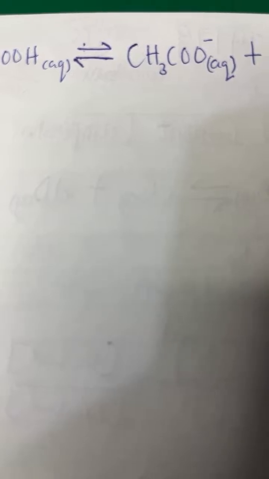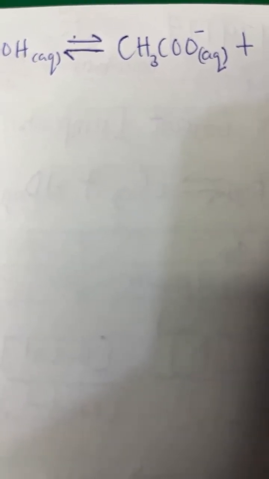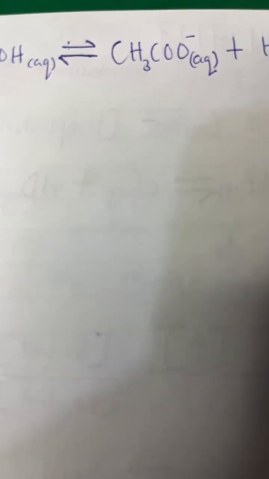Okay, some people are already typing their answers. So equilibrium constant is CH3COO minus, then H, all over CH3COOH. Remember that this is product over reactant.